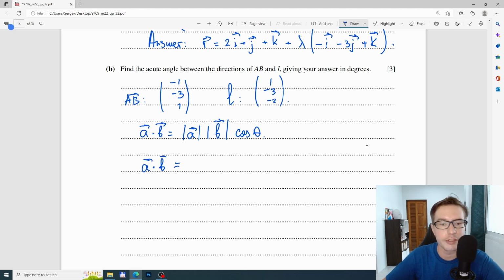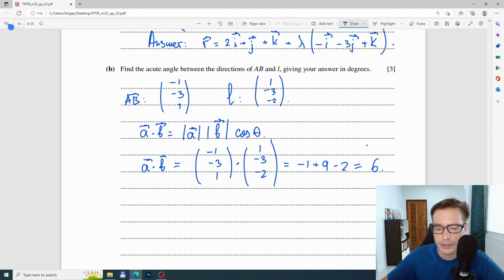And the formula is x times x plus y times y plus z times z. So we're going to do this, (-1, -3, 1) dot (1, -3, -2). X times x is minus 1, y times y is 9, z times z is minus 2. So all in all, we got 6.